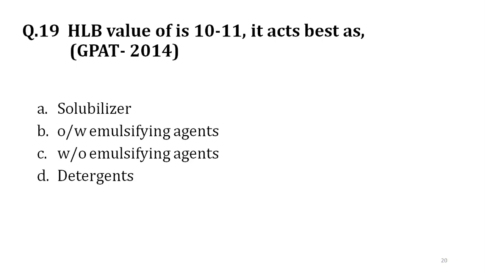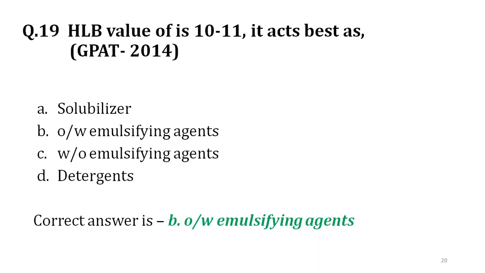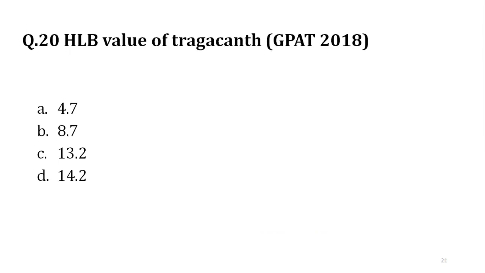If you recall your HLB scale, from 1 to 9 it is a W/O type of emulsifying agent, and from 9 to approximately 15 to 16 it is an O/W type of emulsifying agent, so water will be in the external phase and oil in the internal phase. So the correct answer is B, O/W type of emulsifying agent.